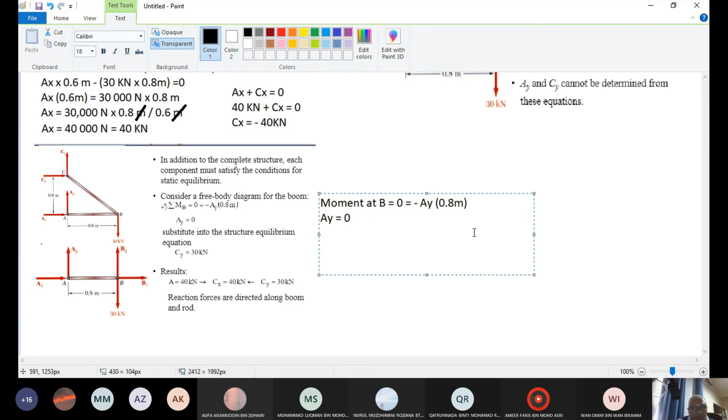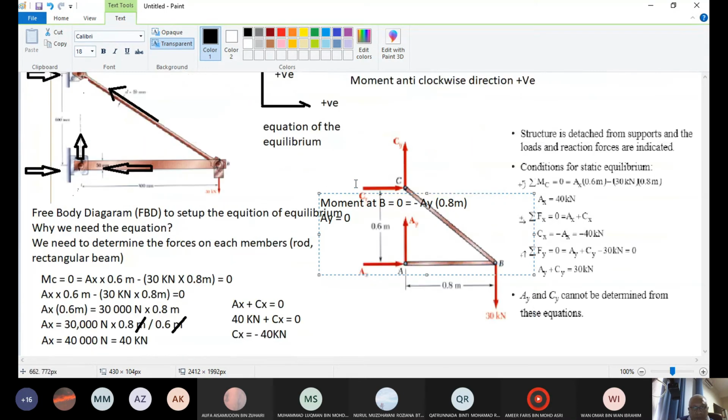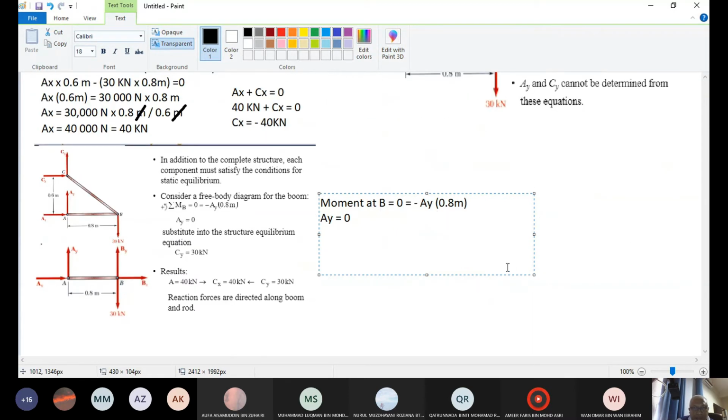When Ay equals 0, remember we have the first equation, Cy plus Ay minus 30. So we go back to Cy plus Ay minus 30 kilonewton equal 0.